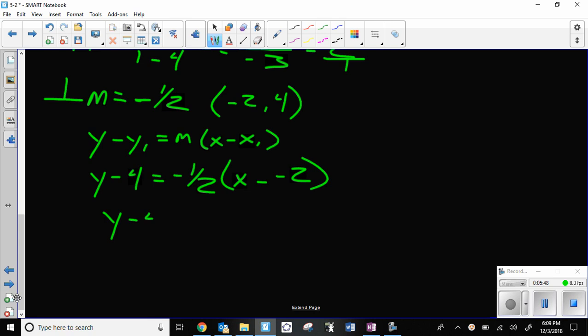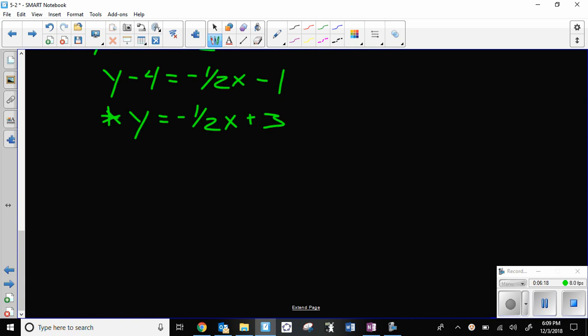Y minus 4 equals -1/2 x, and inside here, minus negative is plus. Times the -1/2 again gives you a -1. Then add your 4 over. So y equals -1/2 x plus 3. We're going to star that one as well.